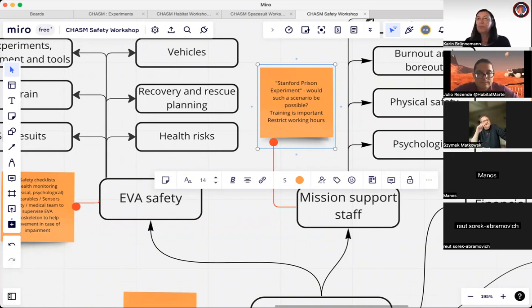Yeah, not only that, because it increases stress, and stress increases the risk of conflict. Yeah. But simulated conflict is a good thing, but non-simulated conflict could be a danger to the mission itself. Yeah, like destructive conflict.